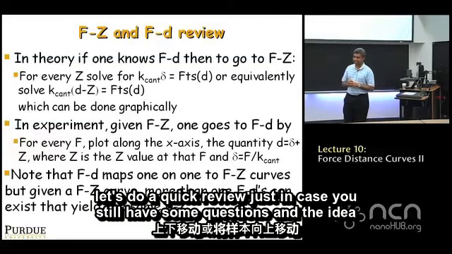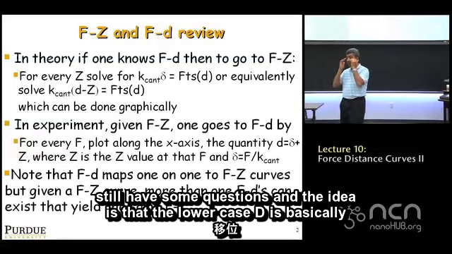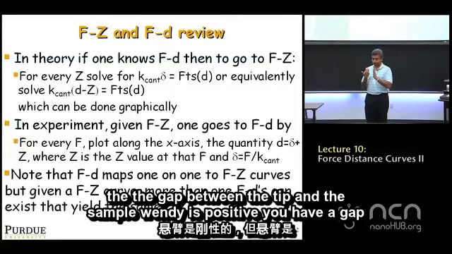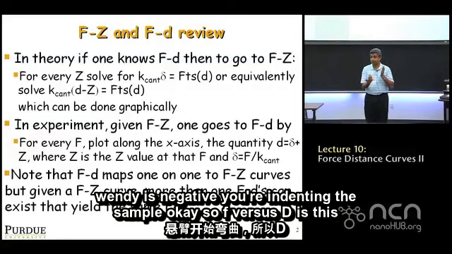The idea is that the lowercase d is basically the gap between the tip and the sample. When d is positive, you have a gap. When d is negative, you're indenting the sample, okay?